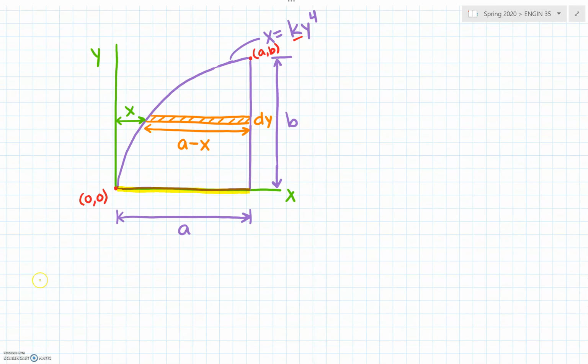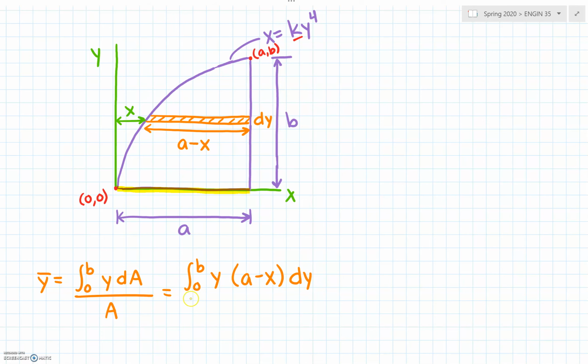So we're going to have y bar equal to the integral from 0 to b of y dA divided by our total area. That's just the equation that we have from our notes. This is going to be equal to the integral from 0 to b of y times dA, where dA is the width of that rectangle, a minus x, times the height, dy, all divided by our area, which we've already solved for.